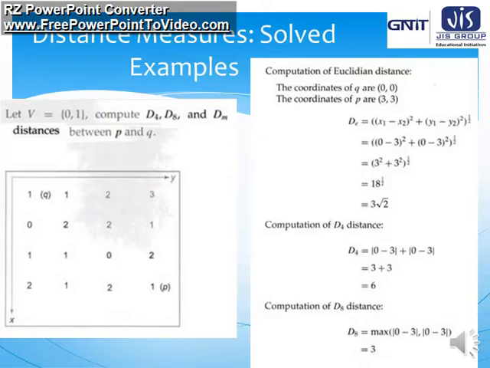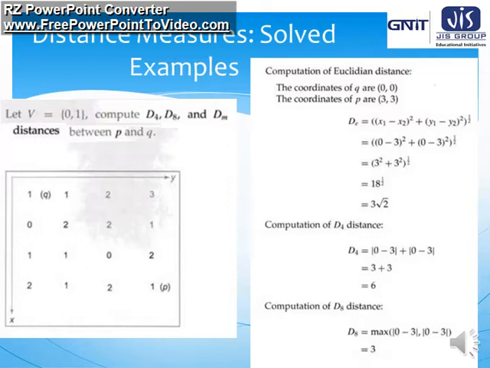We have to calculate all three distances between this point and this point. For the Euclidean distance between the coordinates of Q and P, we use the formula: x1 minus x2 squared plus y1 minus y2 squared, to the power half.